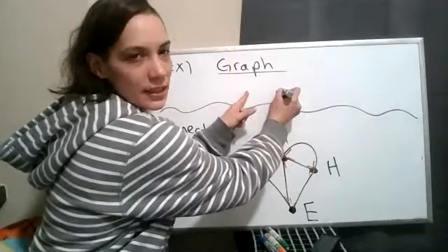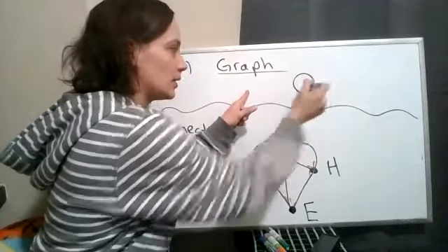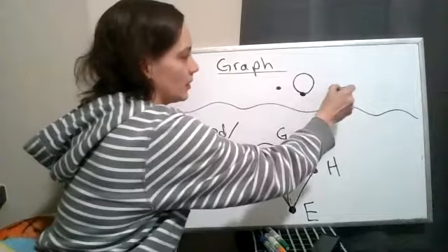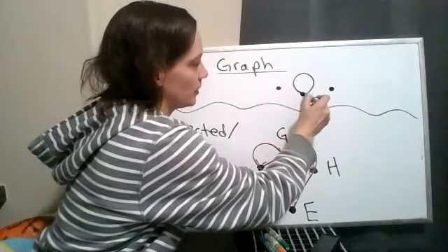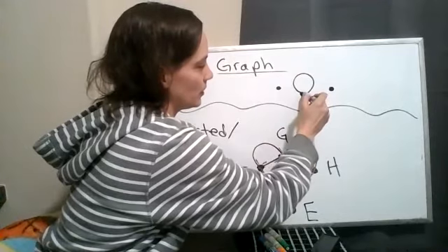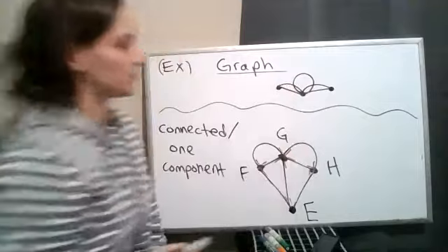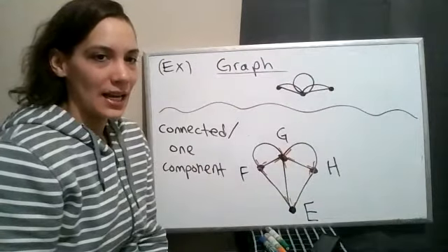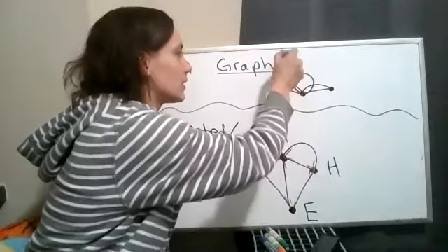We're going to go with a dot. It has a loop. It has a dot over here and a dot over here. And we're going to go swoop, straight, swoop, straight. And then another piece, part of the same graph.